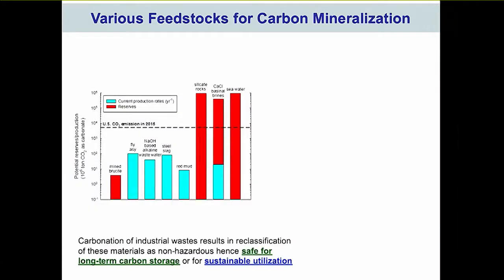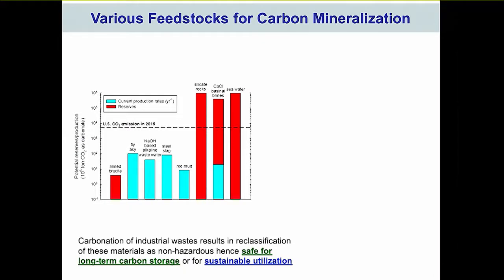So in fact, in my research group and many other people are starting to look into, is there material we can carbonate and then put CO2 away as solid form so that you don't need to worry about monitoring and all that. And if you look here, if you want to capture and store CO2 in large amount, you have to go to natural materials like silicate minerals, like what my colleagues did.